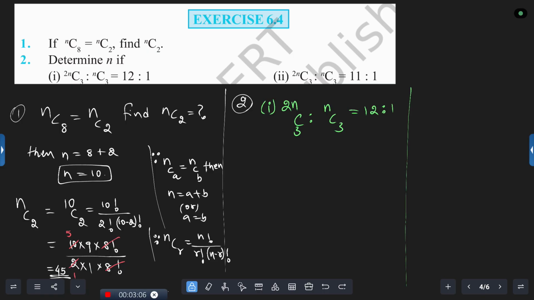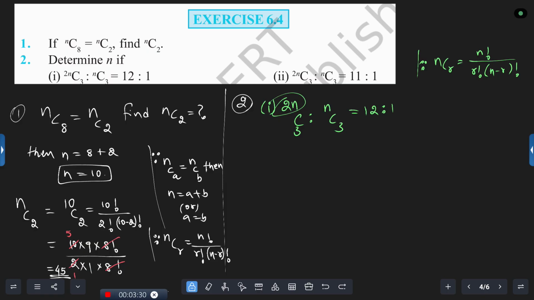What formula? NCR formula only. NCR is equal to n factorial divided by R factorial into n minus R factorial. This is the formula I'm going to use for this. But for the first one, instead of n, what did they give? 2n. Have you noticed it?